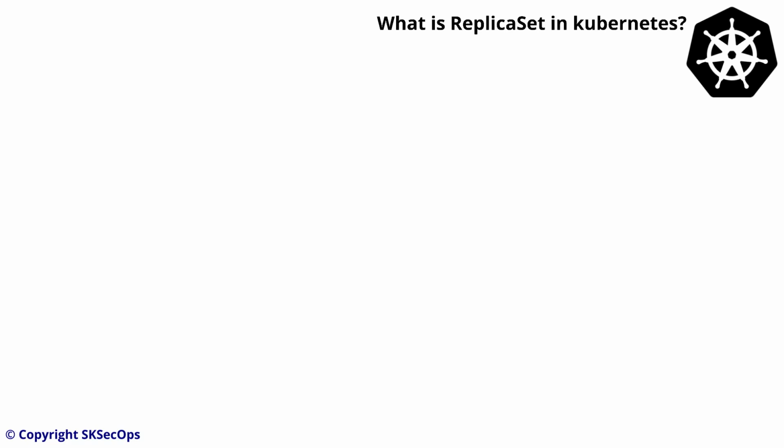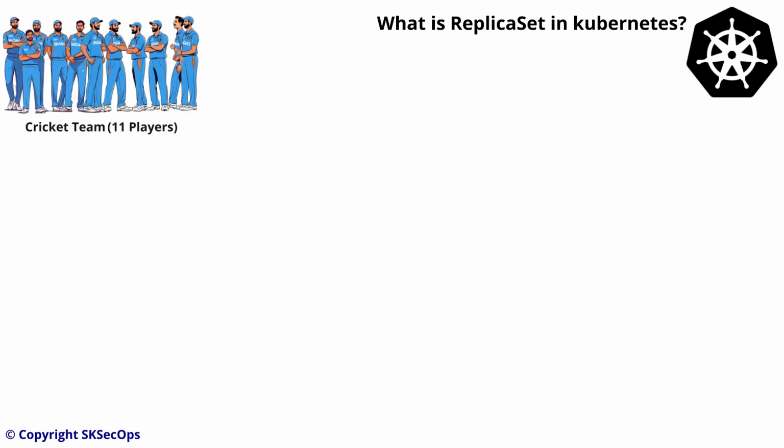Today we are going to understand one of the important concepts in Kubernetes, which is ReplicaSet. In order to understand better, let us consider an analogy where we have a cricket team with 11 players who are fielding on the ground. Suddenly, one player in that team got injured, so he is unable to play now.